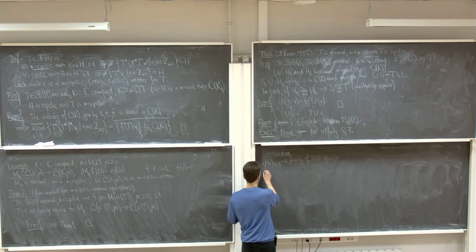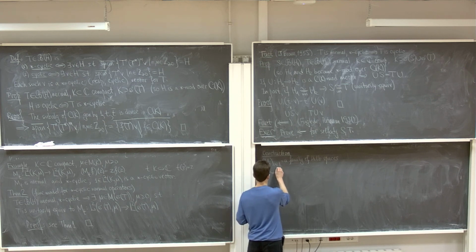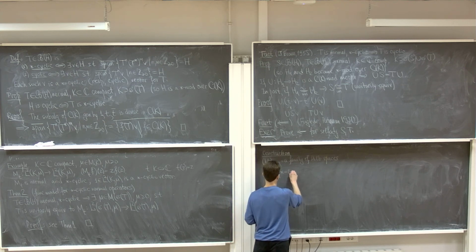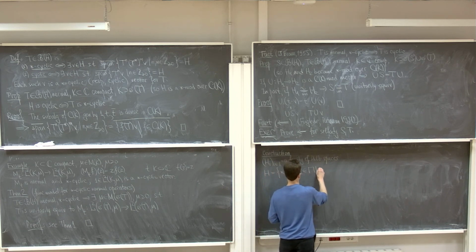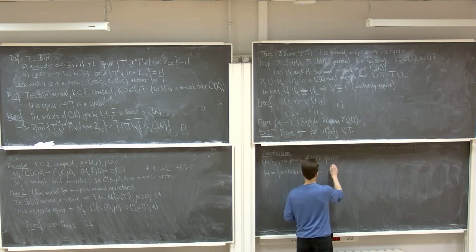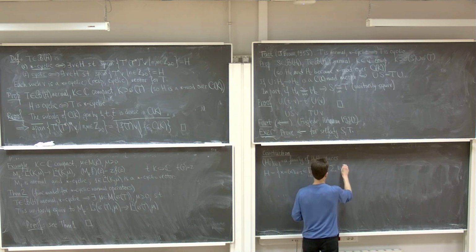We denote by H the set of those elements x_i in their product such that the following sum is finite.